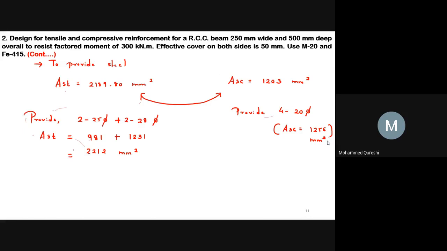You may provide 4 bars in the tension zone having AST greater than 2189.80, or you may add two numbers of 25 diameter bars or two numbers of 28 diameter bars. So by this way, you have to find the tension and compression steel area which are required in any given doubly reinforced beam using the given grade of concrete and steel.